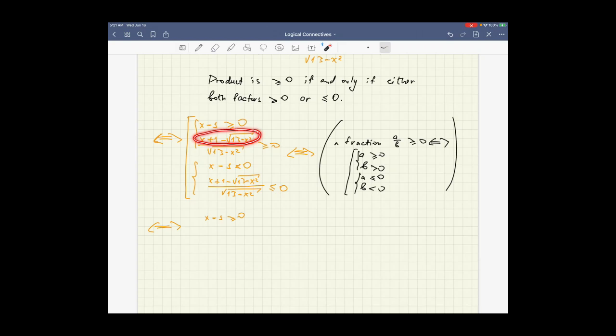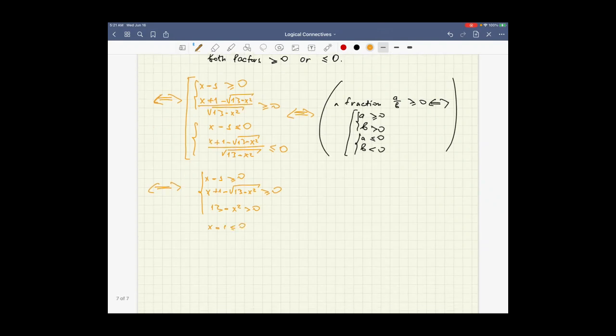And this is greater or equal than 0. Or in the other system, again, the numerator is non-positive, and the denominator is strictly positive.